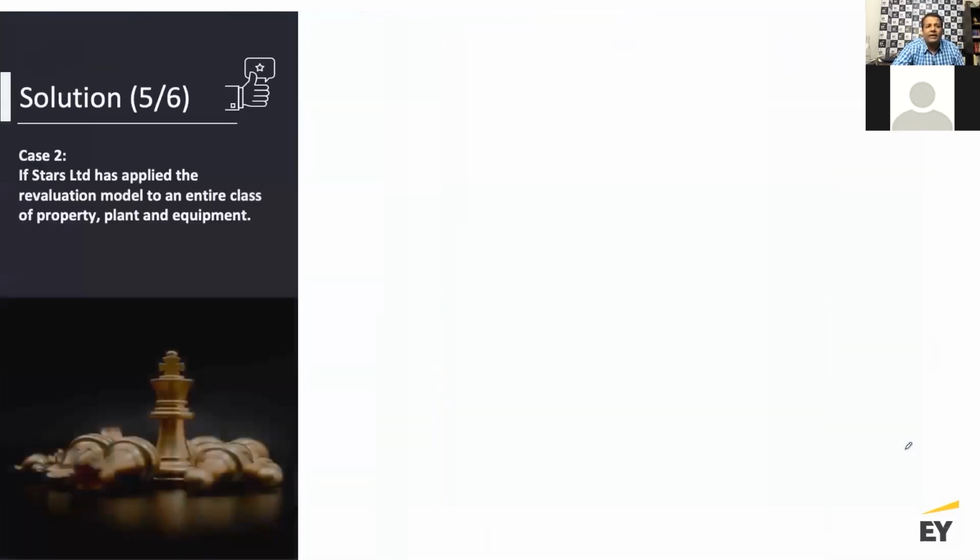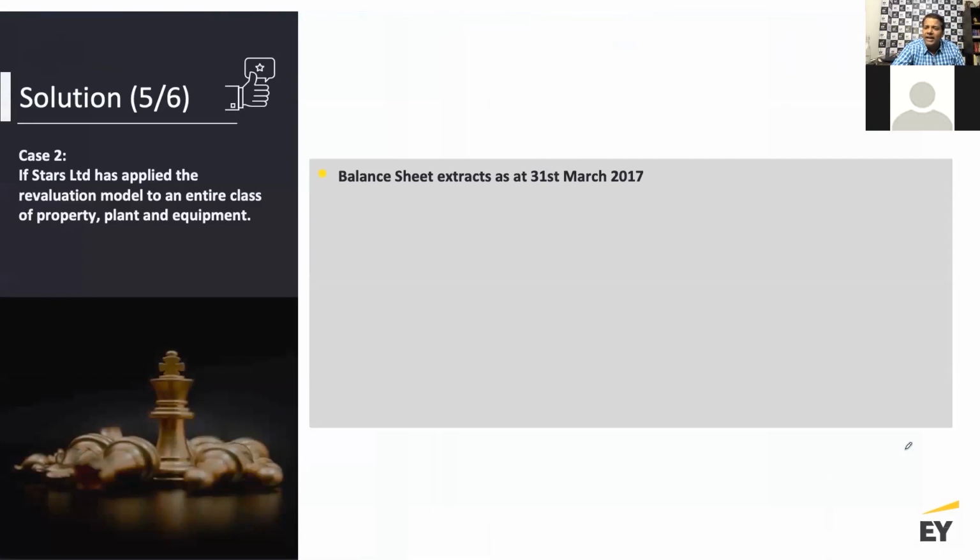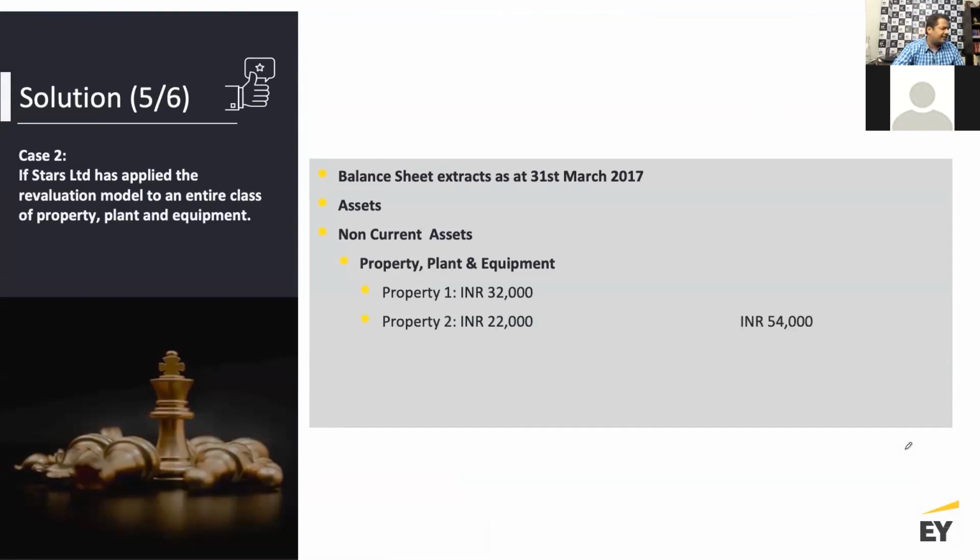Now if I apply the revaluation model, then how do I account for my factory building 1 and factory building 2, right? That's where the carrying value will be 32,000 and 22,000, and it will be 54,000. There will be no change in the depreciation, at least for that year. For that year it will continue to be 5,000.